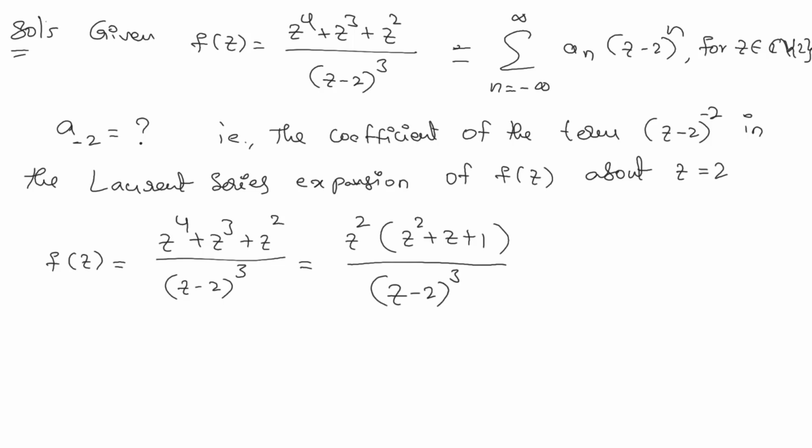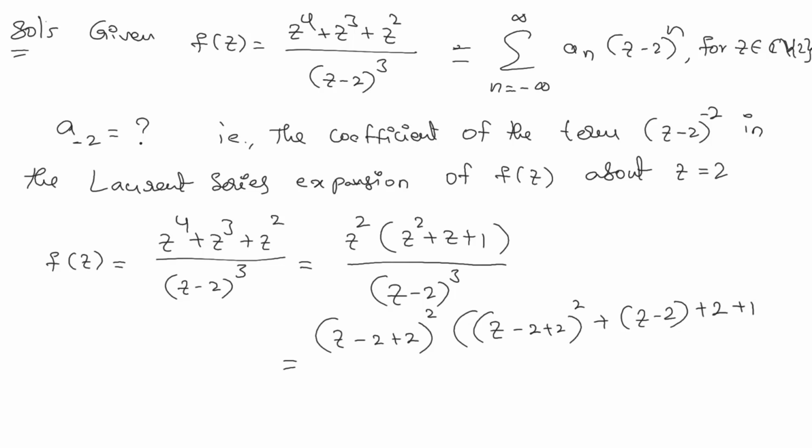So now writing in terms of about the point z equal to 2, that is as follows: (z minus 2 plus 2) whole square, and in the remaining term similarly (z minus 2 plus 2) whole square plus (z minus 2 plus 2) plus 1. That is all about numerator. So in the denominator we have (z minus 2) whole cube.